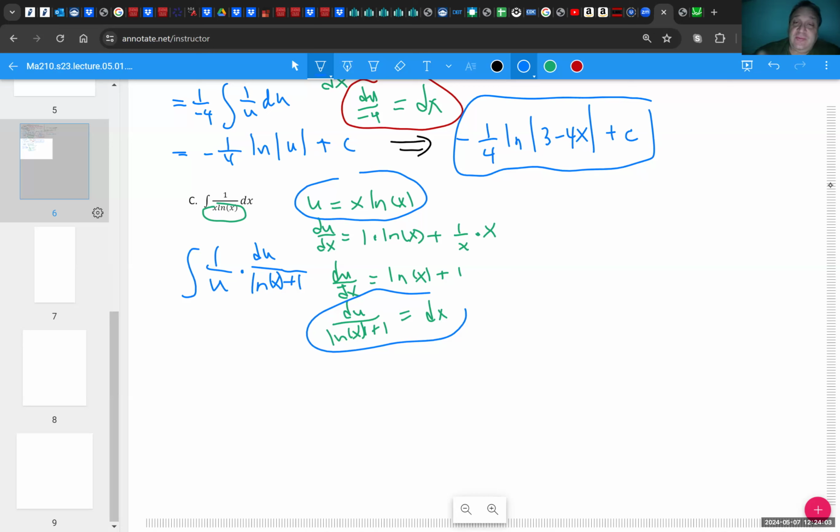I guess I could try to simplify it using this expression, but I just end up with more x's and more ln's. And this is an example of when a substitution makes perfect sense, but doesn't really lead to a simplified formula that we can anti-differentiate.